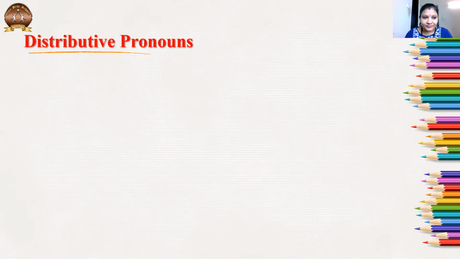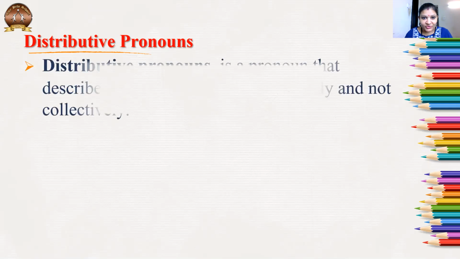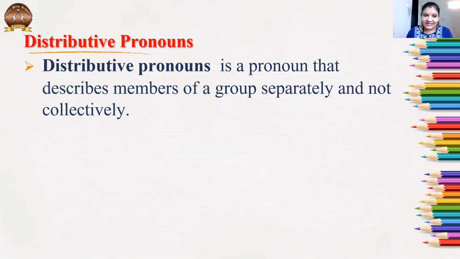Okay. So what are distributive pronouns? As the name itself suggests, it has got something to do with distribution. Okay, so distributive pronoun is a pronoun that describes members of a group separately and not collectively.